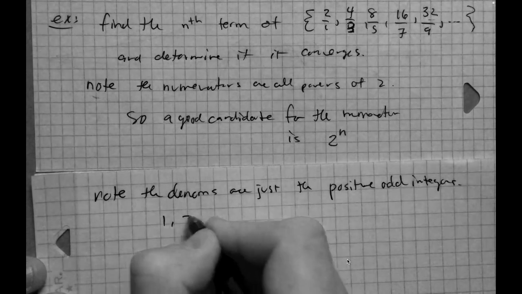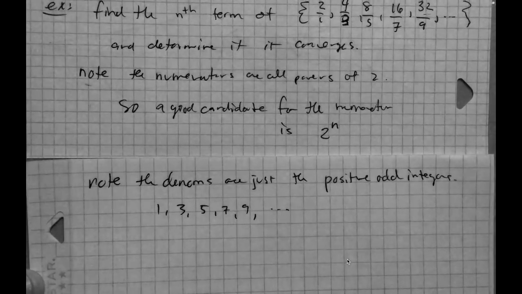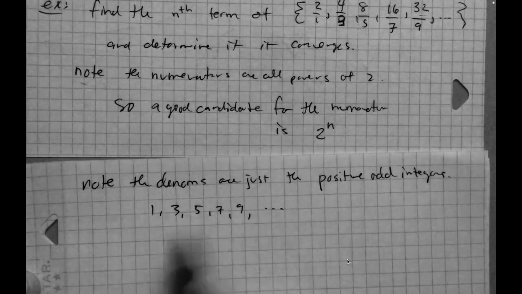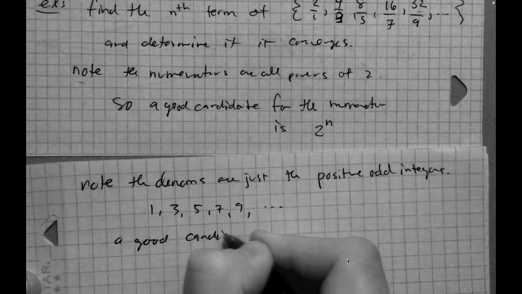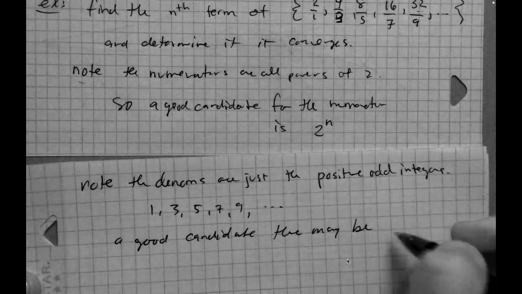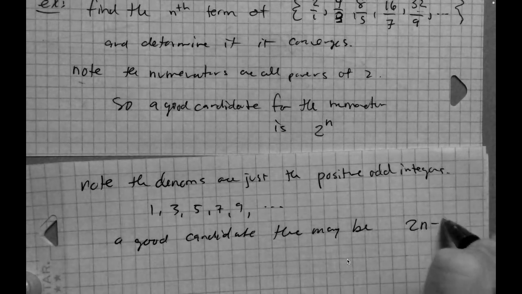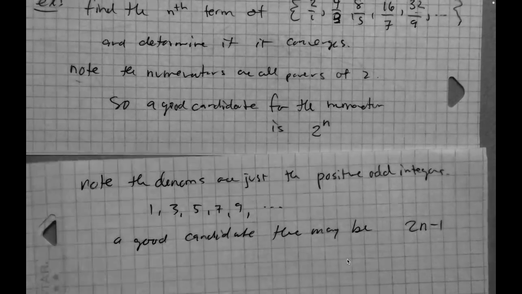Right, so they're just 1, 3, 5, 7, 9, and so on, 11. You can keep going, 13. Okay, so a good candidate there may be 2 times n minus 1. Okay. Right, so that's a good candidate there.